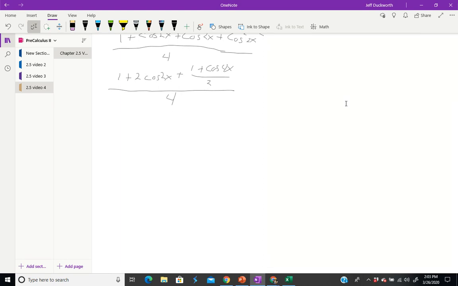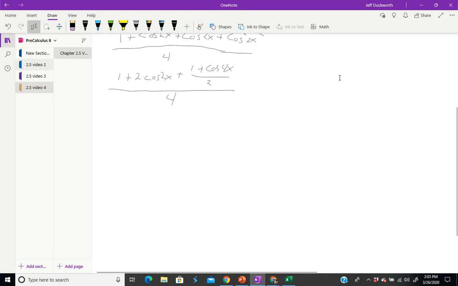So what can we do with this kind of a hot mess? Well, we can multiply through both the numerator and denominator by 2 to remove what we have down in the bottom there.